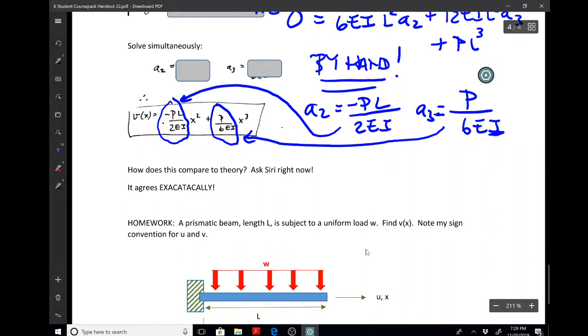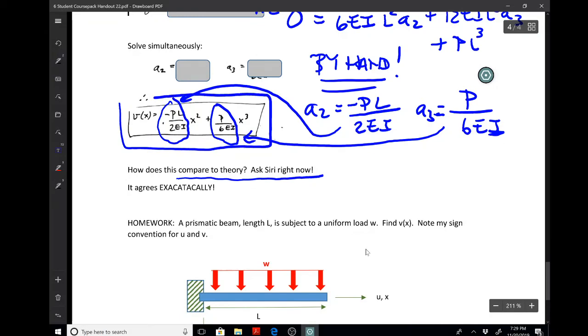So let's go back to this. How does our thing that we just found compare to theory? In other words, how does this equation really work with theoretical answers? And you could certainly ask Siri, or you could open up a steel manual or a timber manual. And the answer is that it works exactly, which is kind of remarkable, right?